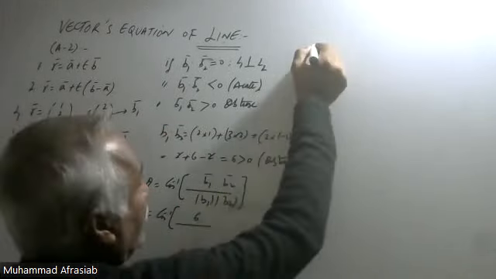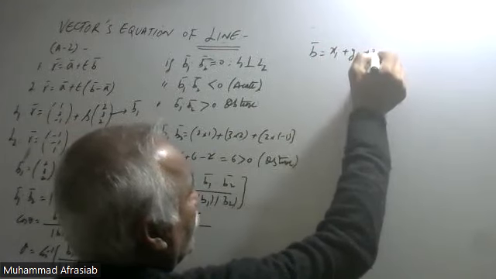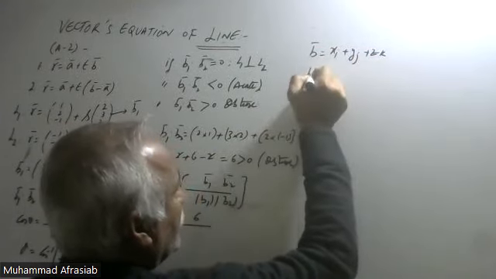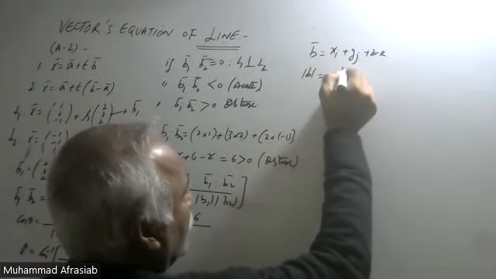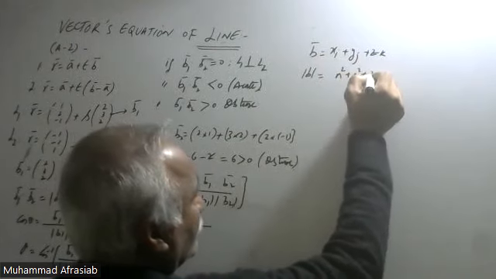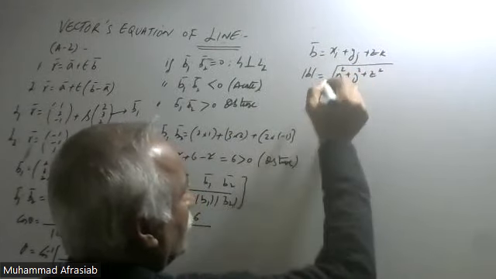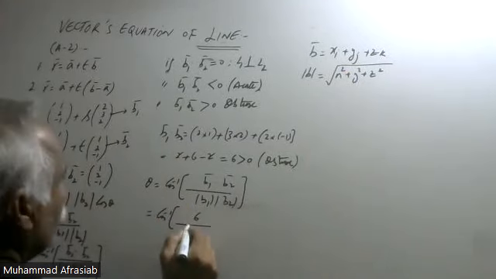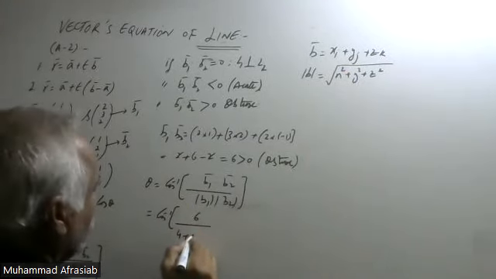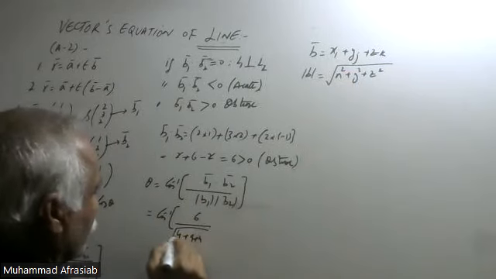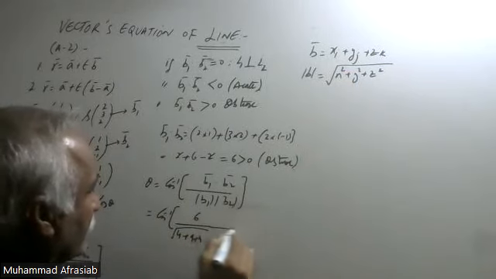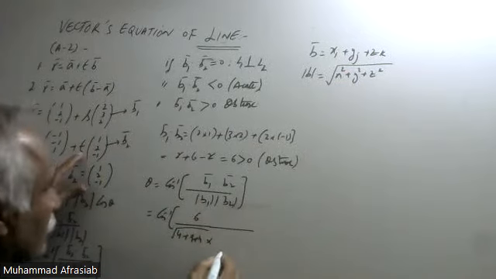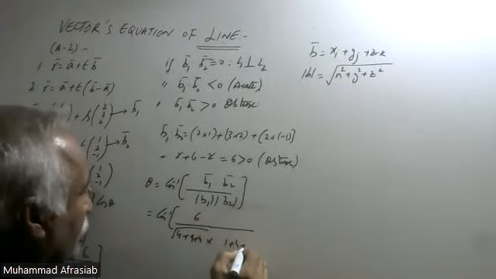If the B vector is equal to xi plus yj plus zk, then the B magnitude is equal to the square root of x square plus y square plus z square. So the first value will be the square root of 4 plus 9 plus 4, multiplied by the magnitude 1 plus 4 plus 1.